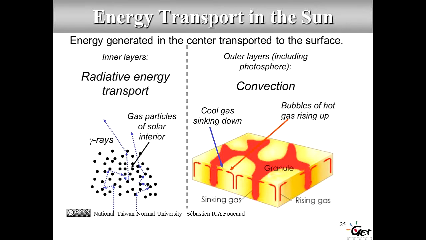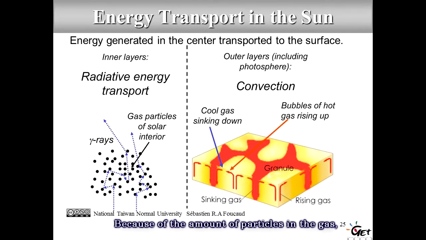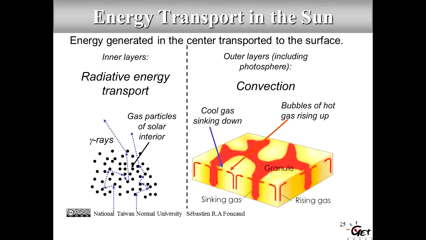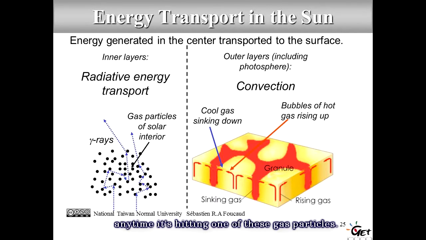Within this radiative layer, however, the photons are not going straight. Because of the amount of particles in the gas, and high temperature particles move very fast, when the photon is trying to go through this layer, it's bounced around every time it hits one of these gas particles.